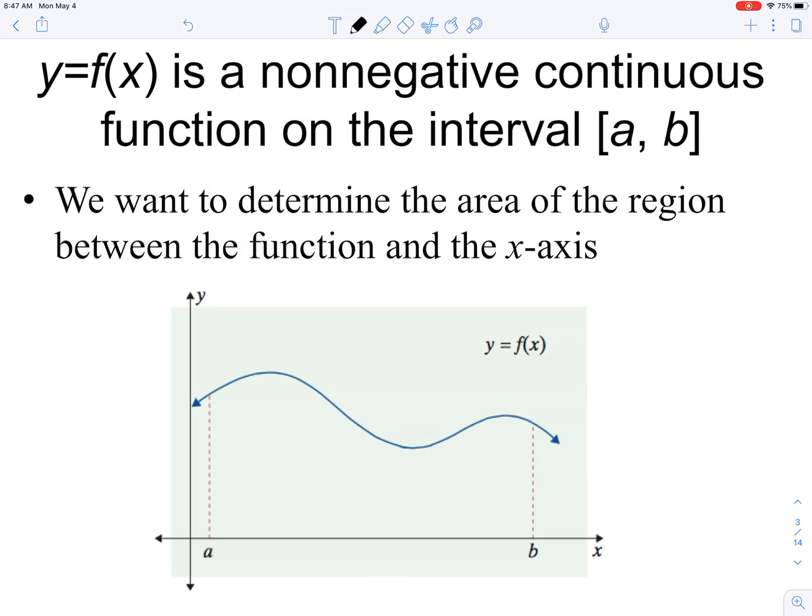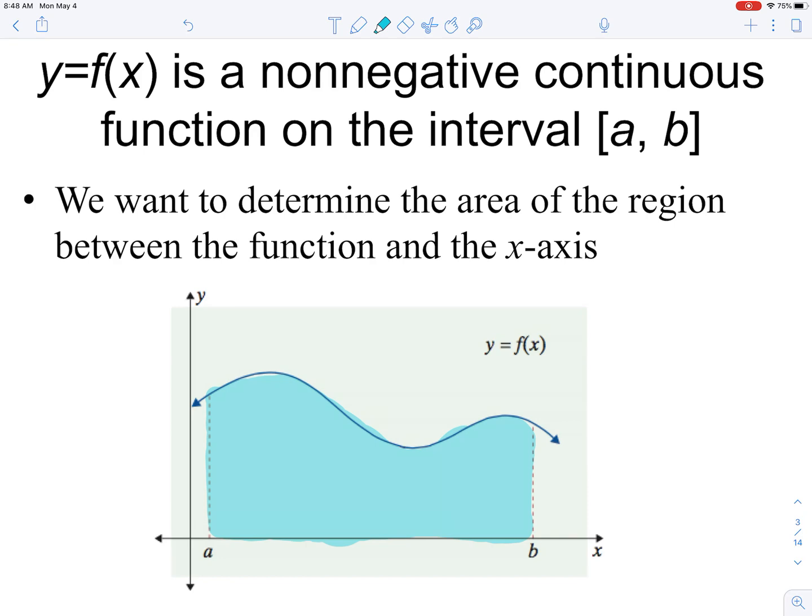So let's say that we have a function f of x, and just to make this simple for starting, let's say that function f of x is a non-negative continuous function on the interval from a to b. And I have a picture here drawn. And let's say that we want to determine the area of the region that's bounded between the function and the x-axis.